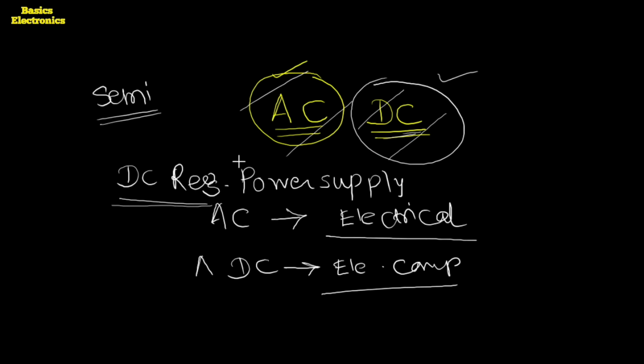Regulated means a power supply whose output may be for current or for voltage, but in 99% of cases we use a power supply that provides a constant DC output voltage.